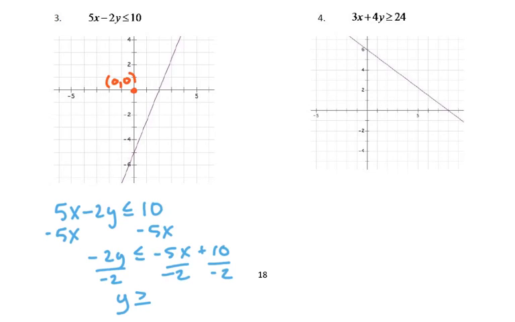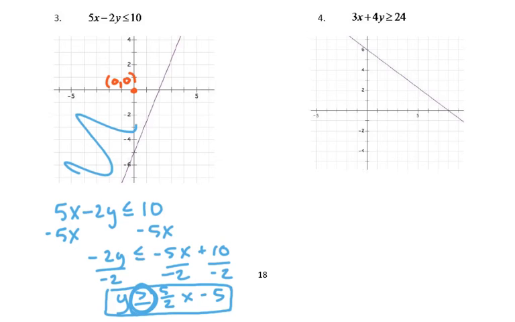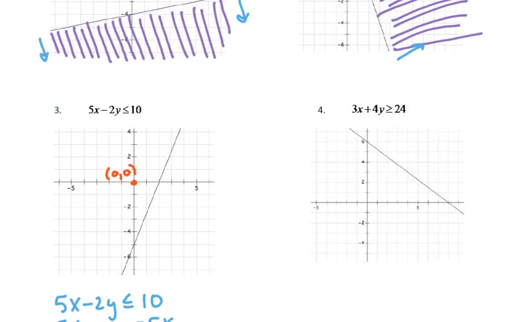Then we have to simplify this, and negative divided by negative is a positive. 10 divided by negative 2 is negative 5. So that's still a good amount of algebra, and then that sign here of greater than or equal to, in theory, is making me think we are going to end up shading up here, but we're going to try our test point method to check it out.